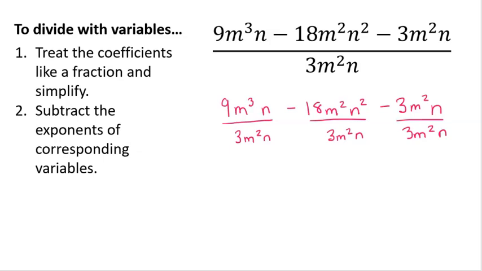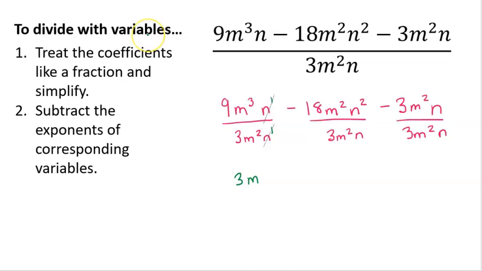Okay. All right, so for this one, we have 9 divided by 3, which gives us 3. Then we've got 3 minus 2 on the m's, which gives us 1. And then we have 1 minus 1, and that is going to cross out.